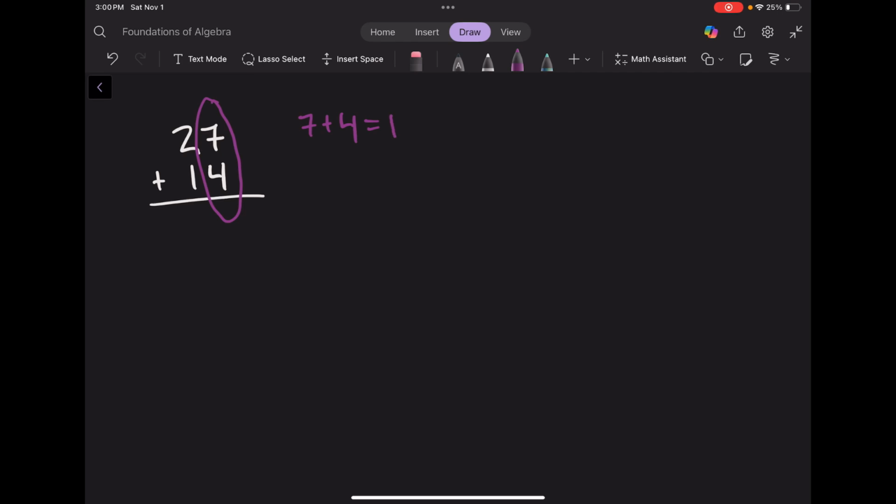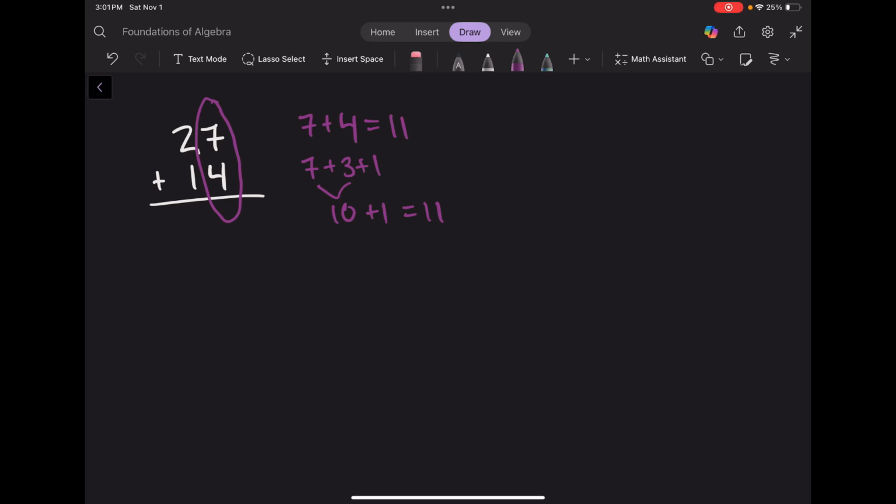That is going to be 11. And if you wanted to use the previous method, we could do 7 plus 3 plus 1. This is 10 plus 1, which is 11.